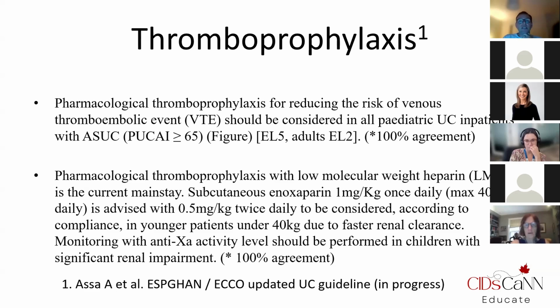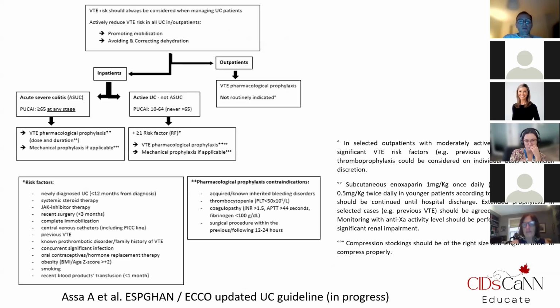Next slide. And in the guideline, we've given a flow diagram, not so much to help with patients with acute severe colitis, but with what to do with other patients whose UC is bad enough, but who don't have acute severe colitis. There may be some circumstances where you want to give them prophylaxis too, and this diagram helps you make that decision.